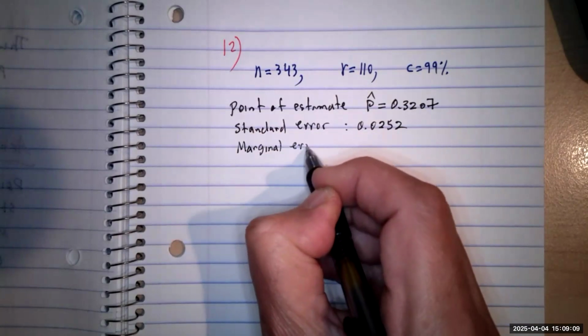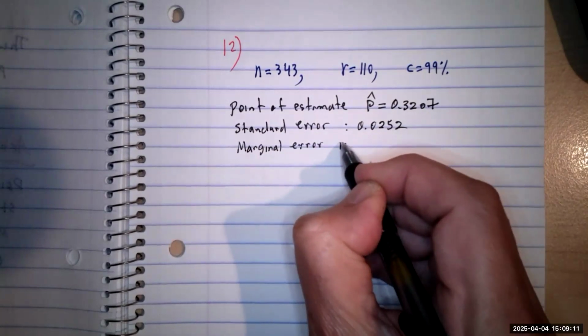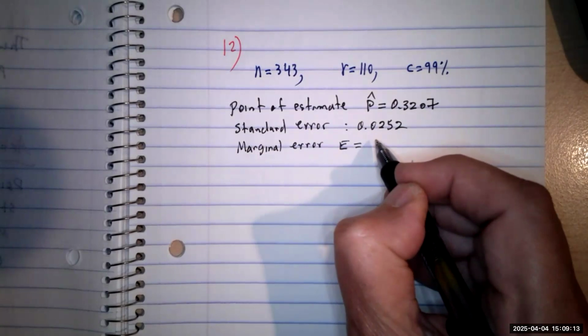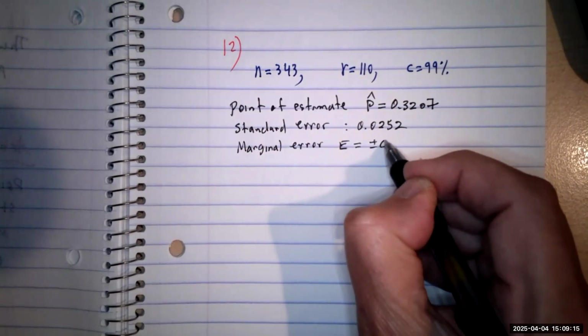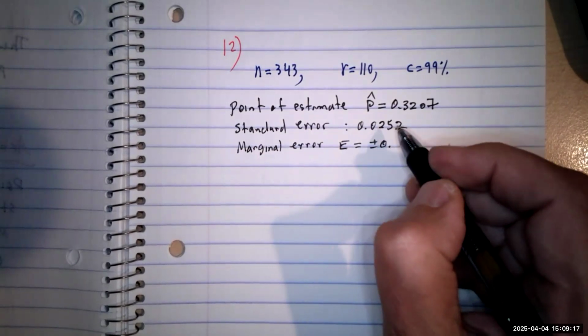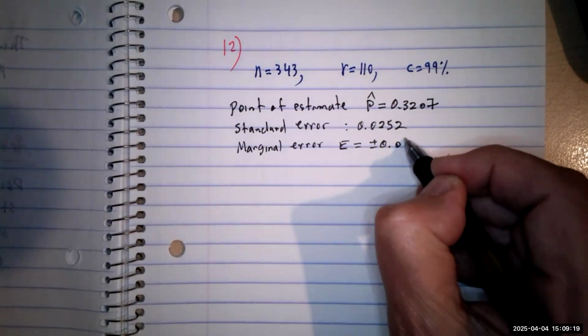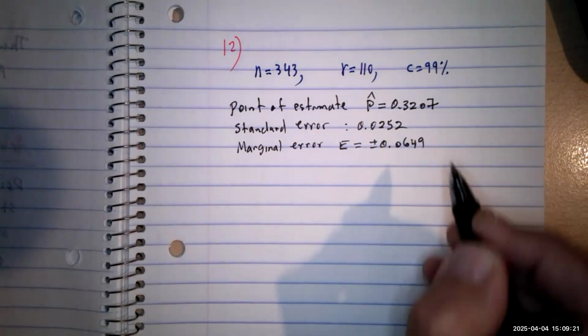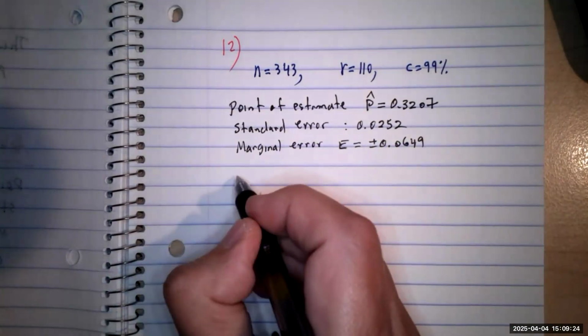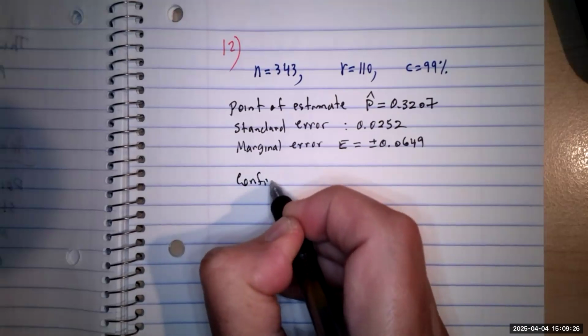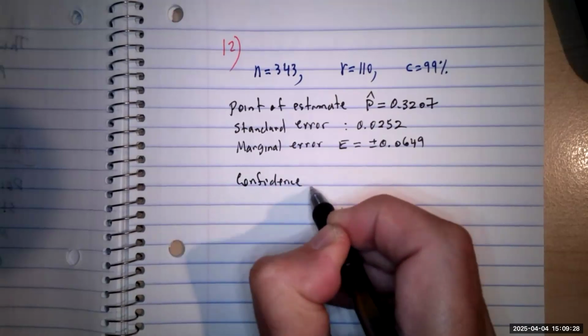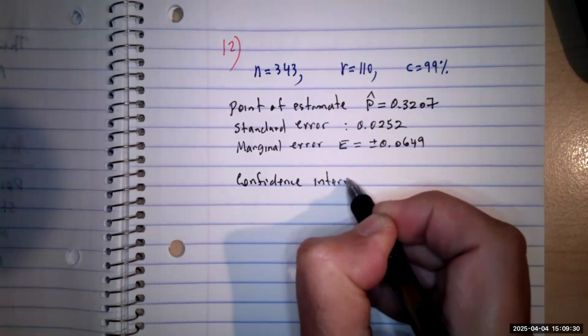Margin of error, which is E. E is positive, negative 0.0649, and the confidence interval.